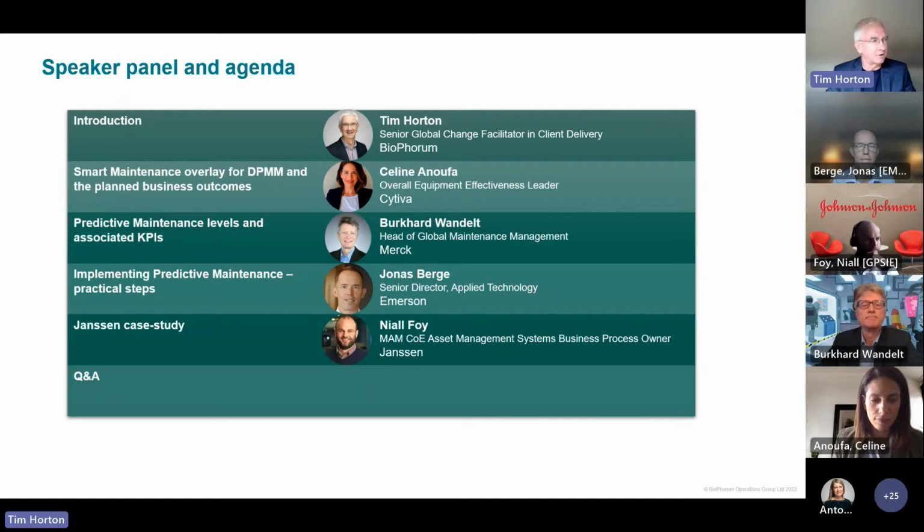Burkhard is going to talk to us about predictive maintenance levels, thinking about the increasing maturity of that and some of the practical and real-world KPIs that are important in that space. Jonas is going to help us think about how we do this stuff, so thinking about the practicalities of the architectures and setting up the right environment. And then Niall is going to talk a little bit about his Janssen experience and some of the things that they're looking to do there.